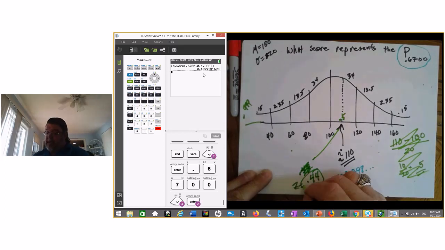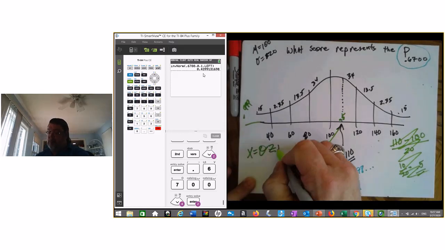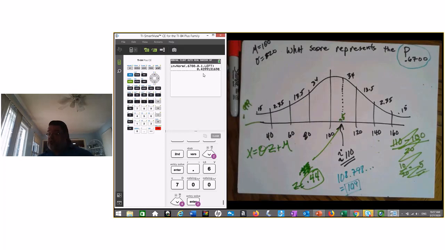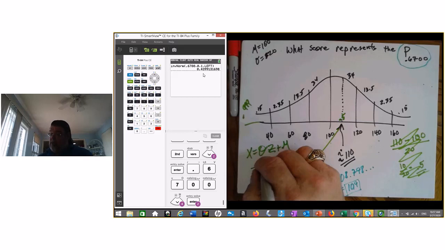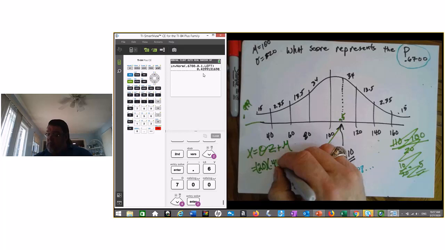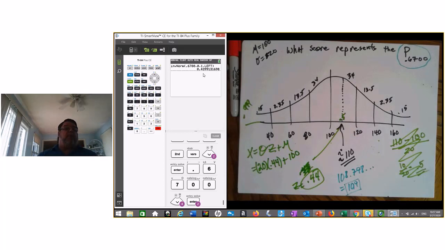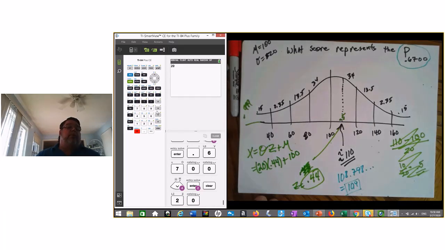So now x is equal to sigma z plus mu. So what is your standard deviation? Your standard deviation is 20. Your z is 0.44, plus 100. So you take your handy dandy calculator and you do 20 times 0.44 plus 100.